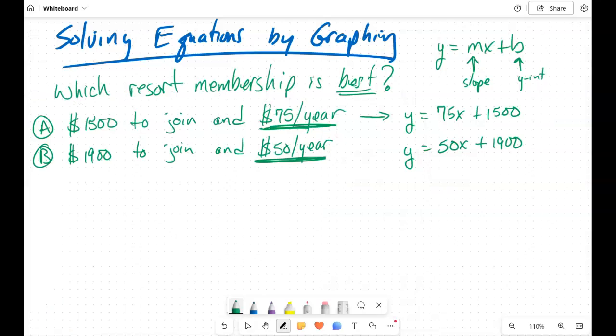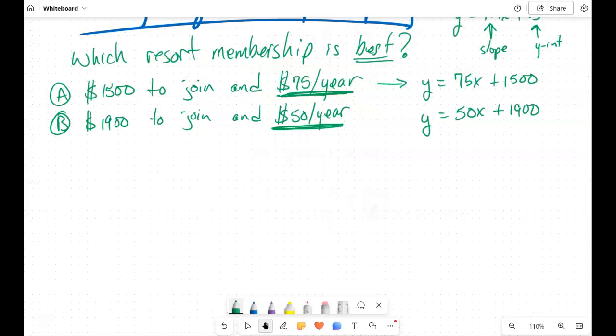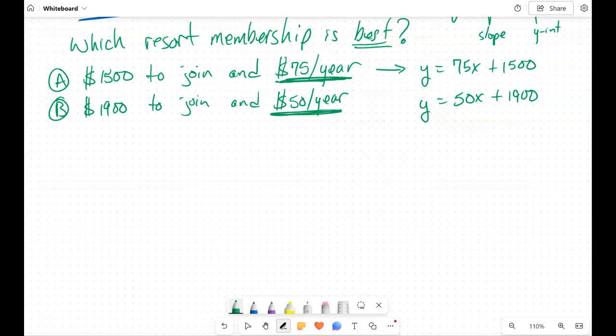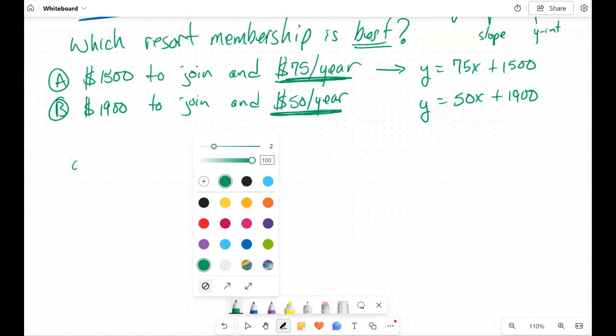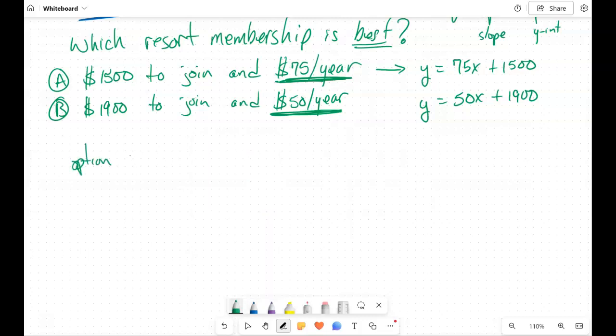So if I come back to our question, which resort membership is best, one way I could answer this is I could say that option A is best if we want to keep it less than 16 years, or I could say if X is less than 16, because remember X was my year.